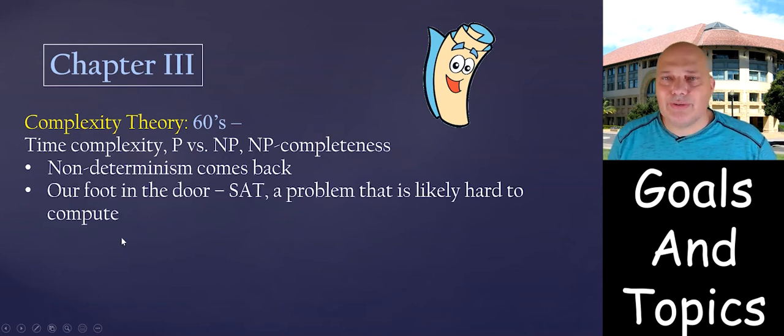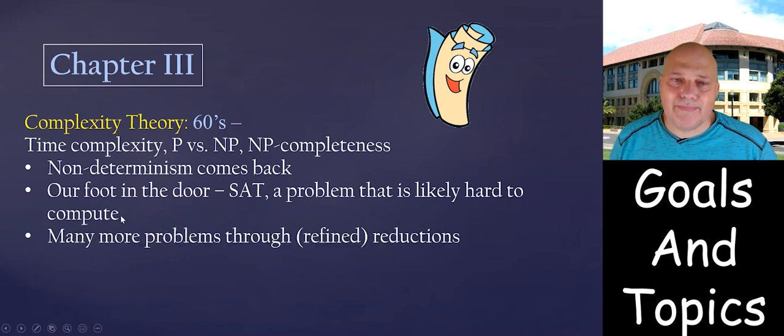And similarly to the story for computability, we'll start with our foot in the door, which is the one problem that is likely to be hard to compute: satisfiability. So a problem that is likely to be hard. It can be computed, but probably not efficiently, not in any reasonable amount of time. And again, we will get many more problems through the notion of reductions.